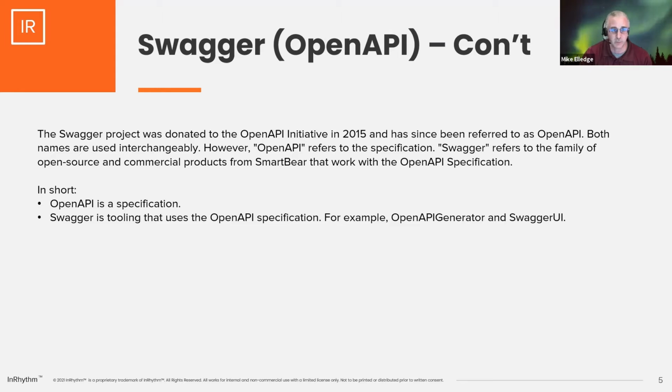In short, Open API is the specification. Swagger is the tooling that most people use to actually generate this. There's an Open API generator where you can actually start your entire project from an Open API specification to begin with, and then co-develop the front end and back end based on that definition.